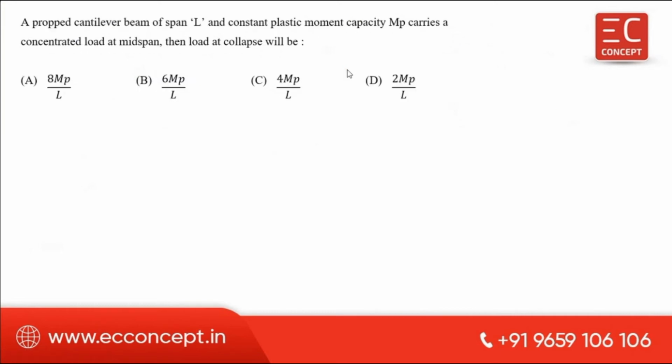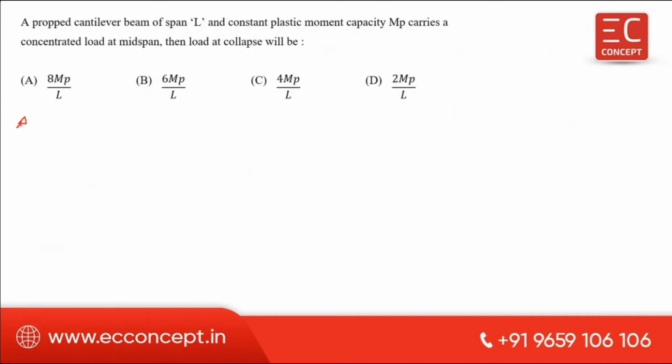Now, a propped cantilever of span L with a constant plastic moment capacity Mp carries a concentrated load at the midspan, then the collapse load will be. So before that, let me give some of the formulas.